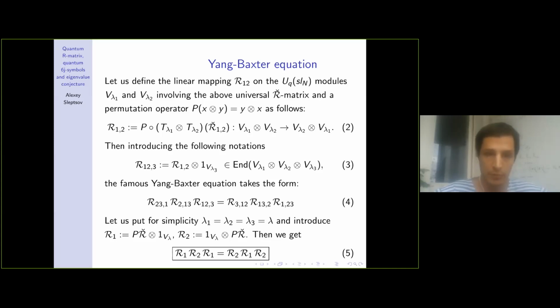So now let us for a while, for simplicity, put lambda 1 equals lambda 2 equals lambda 3 equals some irreducible representation lambda. Introducing notations R1 and R2, we get the Yang-Baxter equation in a very short and nice form: R1 R2 R1 equals R2 R1 R2. So this is our starting point.